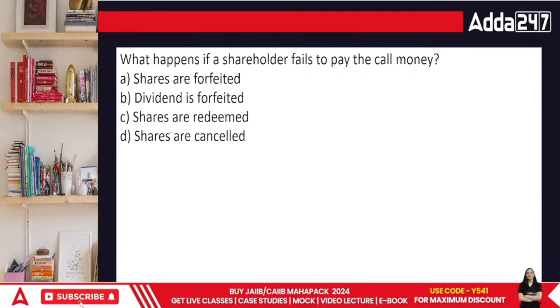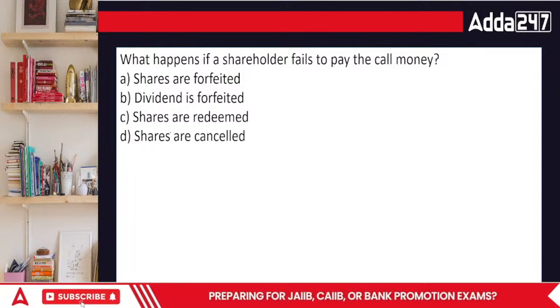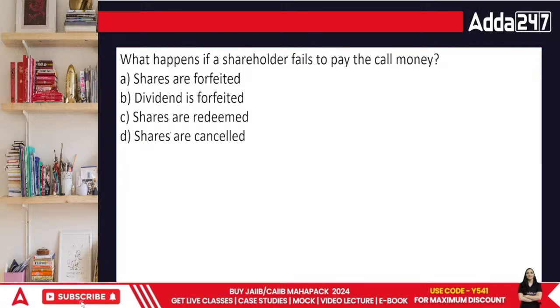Next point, what happens if the shareholders fail to pay call money? Acha, everyone, if they fail to pay call money, we have been asking them, sir, your amount is due, sir, your amount is due. We've asked them so many times, but they're not paying it at all. Then what will happen?